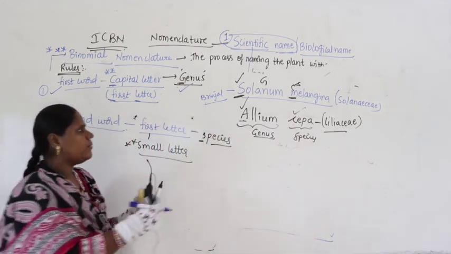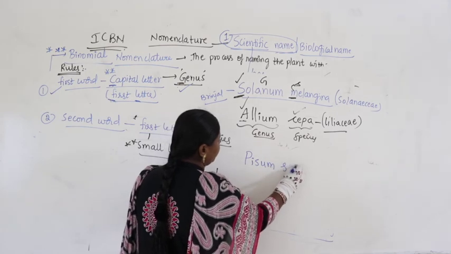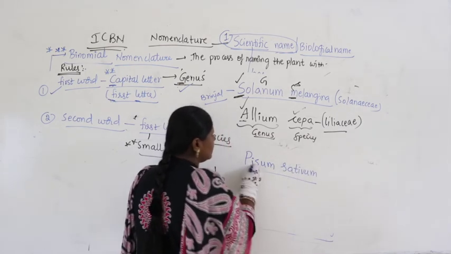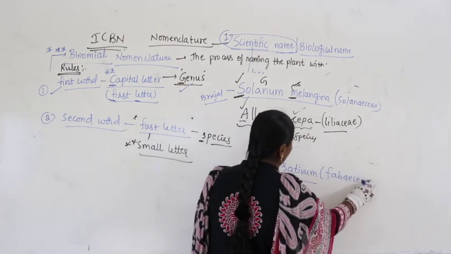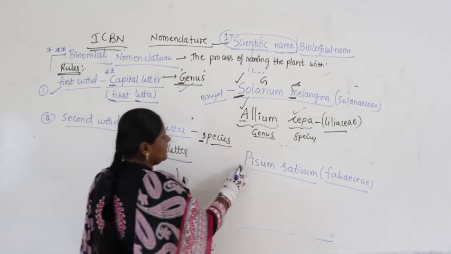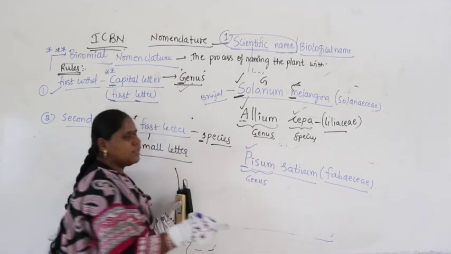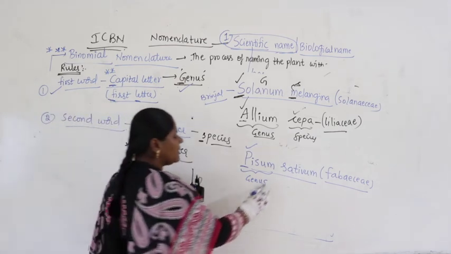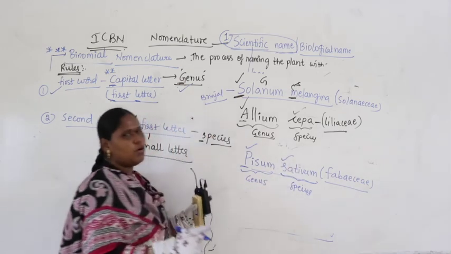Let us take one example for Fabaceae, Pisum sativum. Here Pisum is the genus name, which starts with a capital letter, and sativum is the species name, which starts with a small letter.